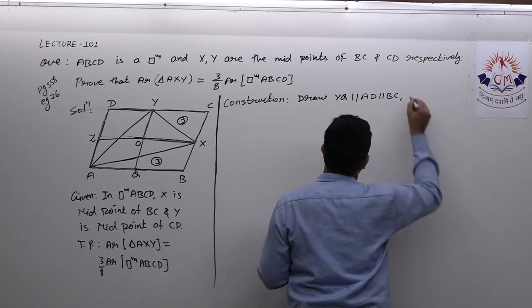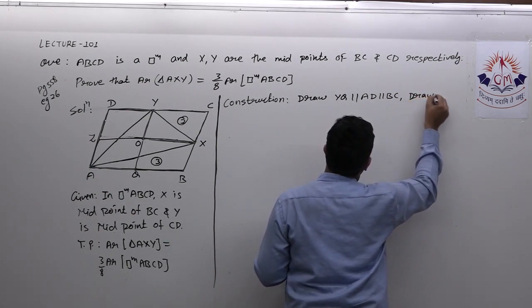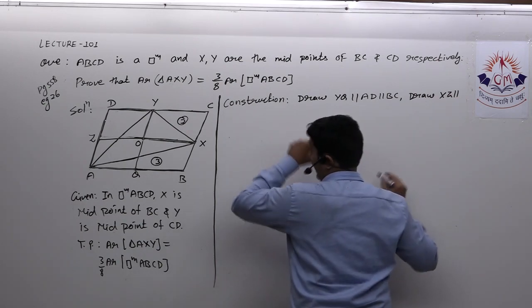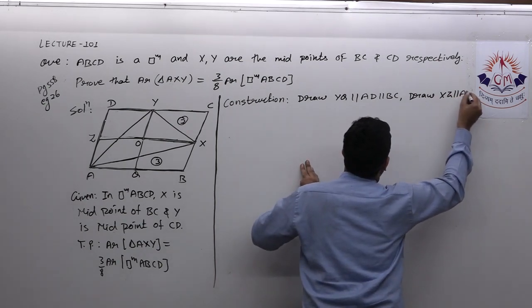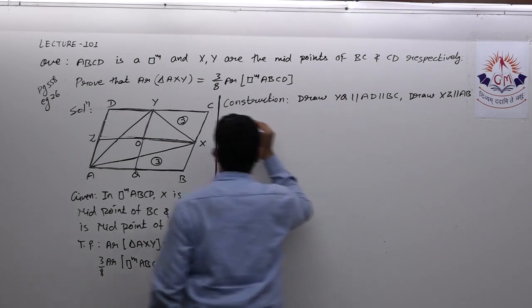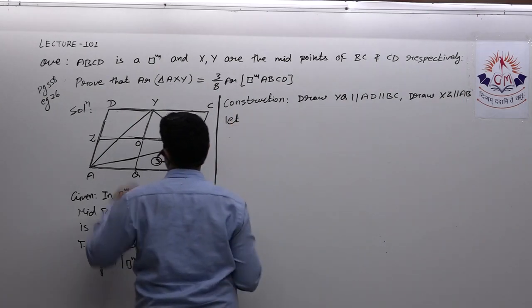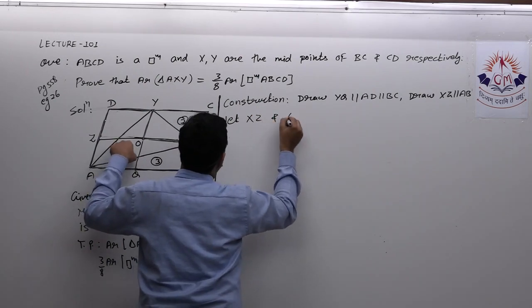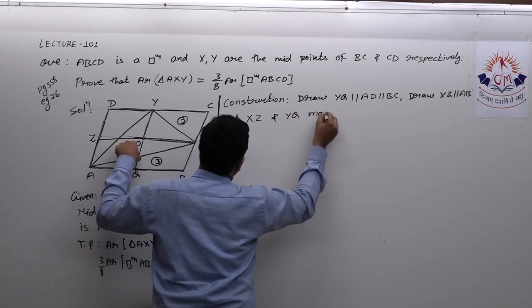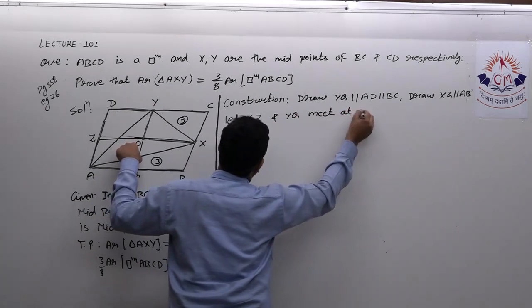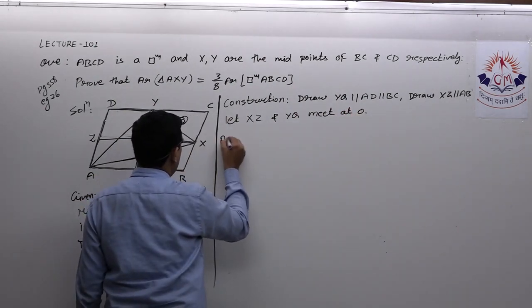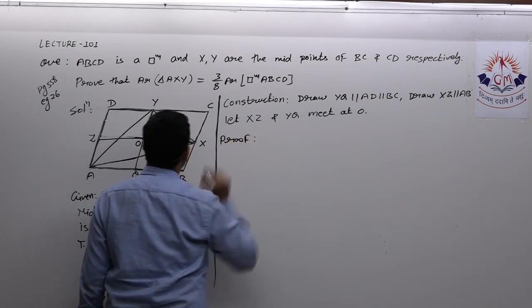Draw XZ parallel to AB. Let XZ and YQ meet at O. Okay, now we'll see its proof.